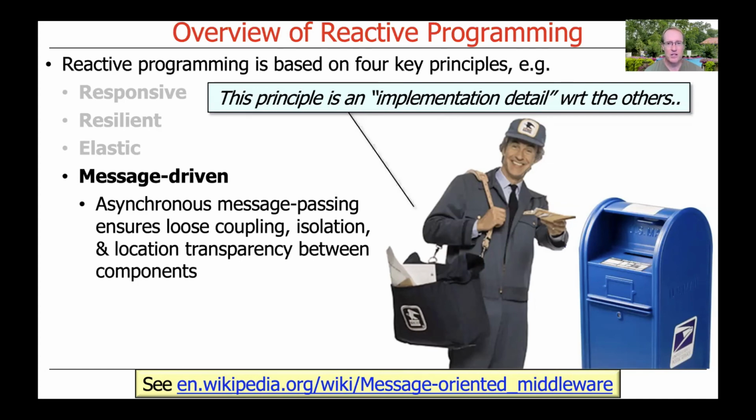This principle is a little different from the other three. The other three are really more about concepts and capabilities. This is a bit more of an implementation detail, although you'll see that it also is applied in interesting ways as we look further at different implementations of the reactive programming paradigm.